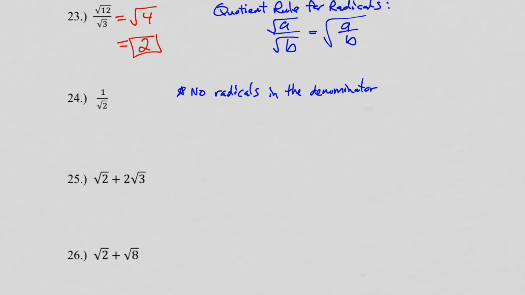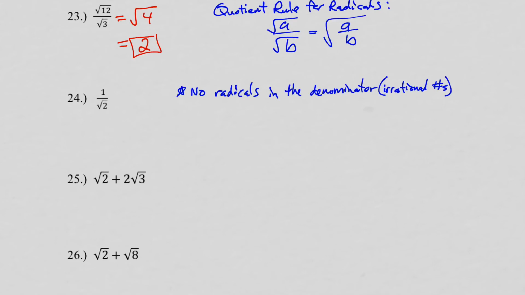So we do need to do something about that. The radical in the denominator is basically an irrational number. Okay, so that square root of 2 is an irrational number.